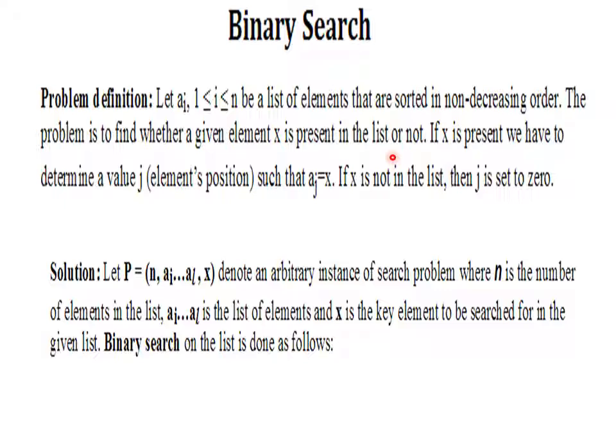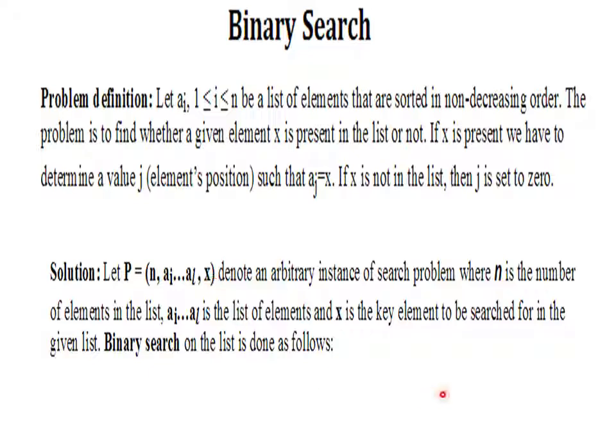If the item is present, then the search is successful and the algorithm returns the position, that is the index value, where it is present in the list, that is equal to j. And if the item is not there in the list, then the algorithm returns 0. This is the problem definition.